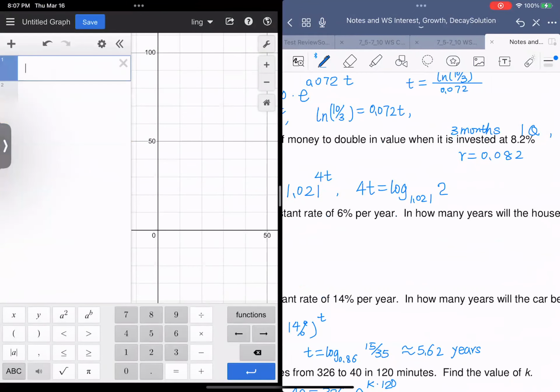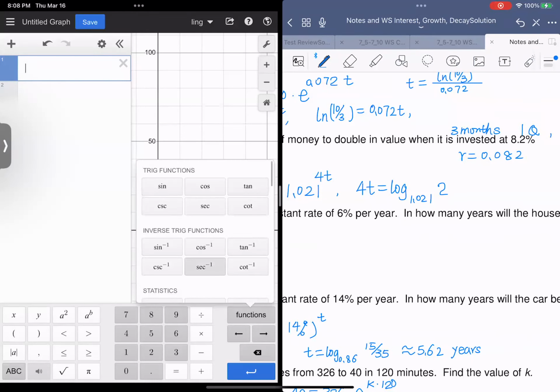For example, if now you have $3,000 from your grandparents and your parents, and you don't touch that money and put it into a bank, you want to see after how many years you can reach $30,000.